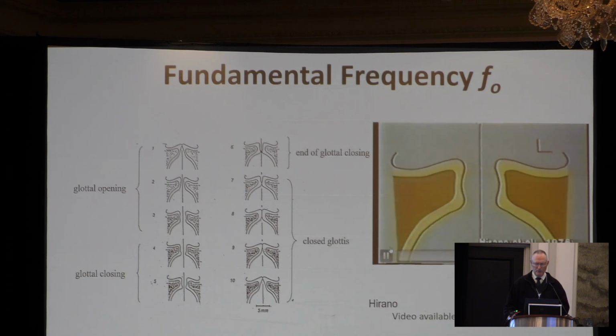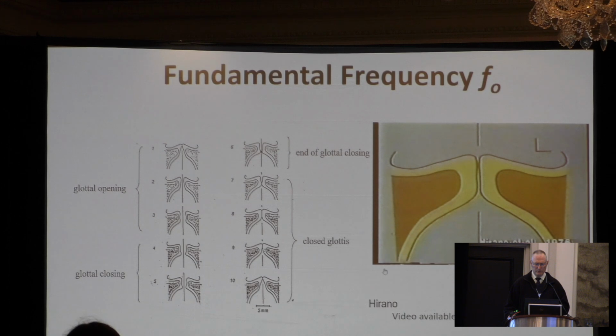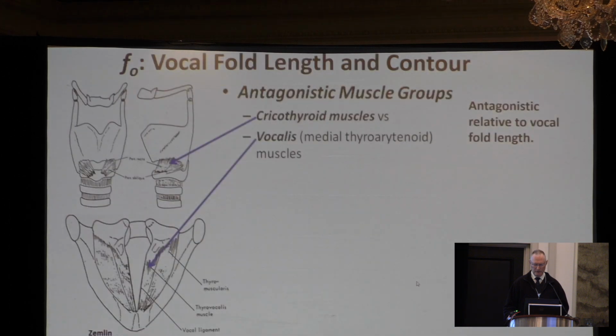Converging, diverging. When the vocal folds are touching, the air does not come through the glottis, but when the vocal folds are separated, now air does come through the glottis. And thus you get these cyclic glottal volume flows, those waveforms, which is really kind of cool.